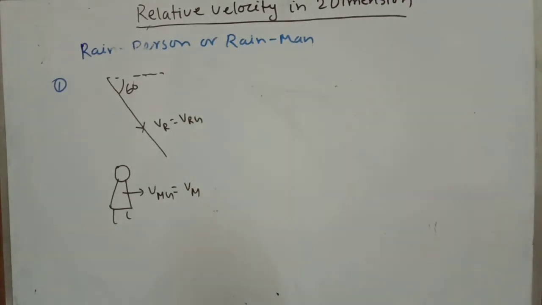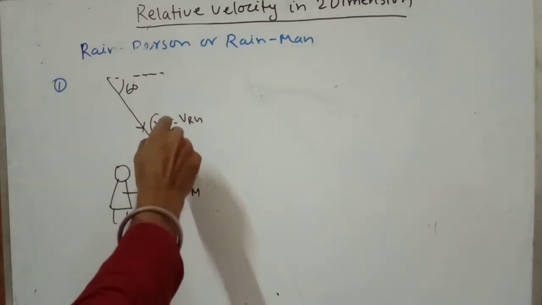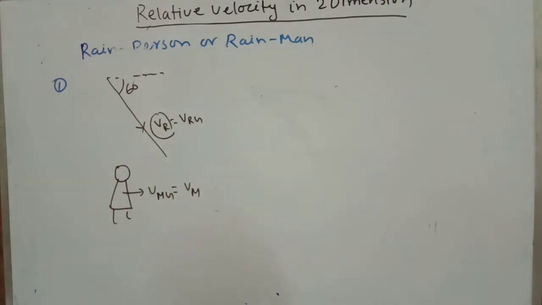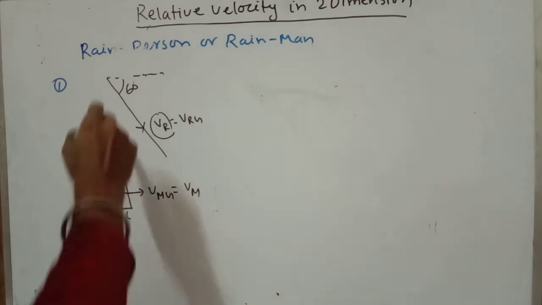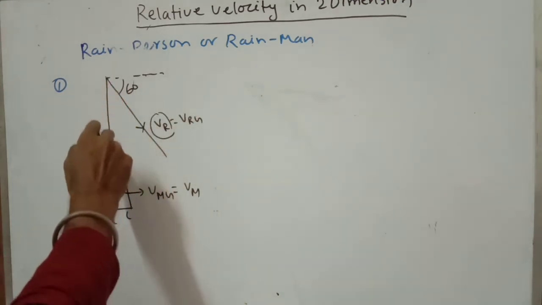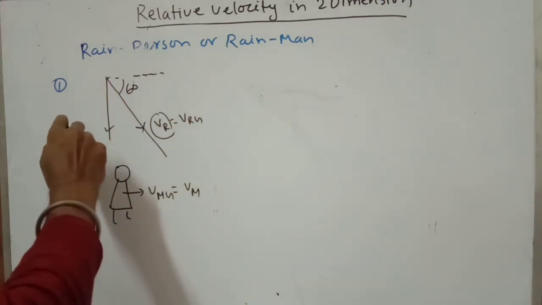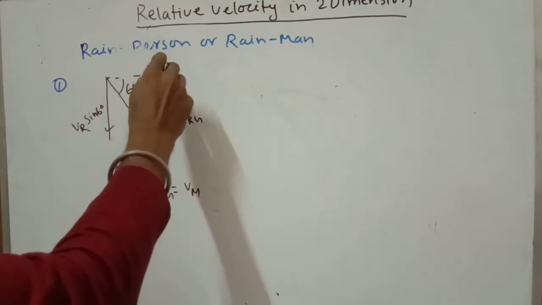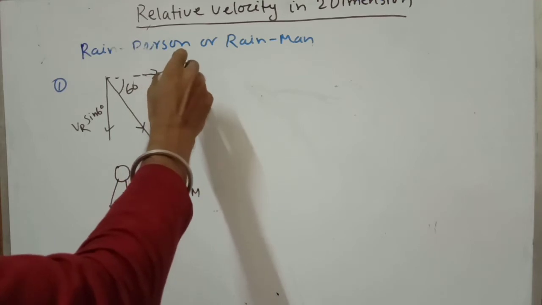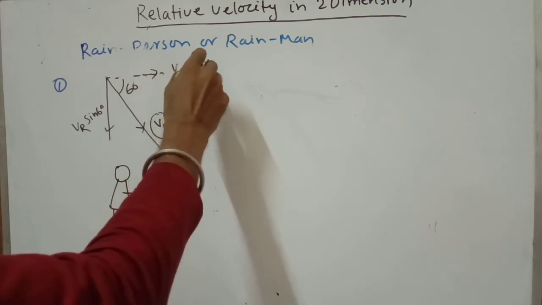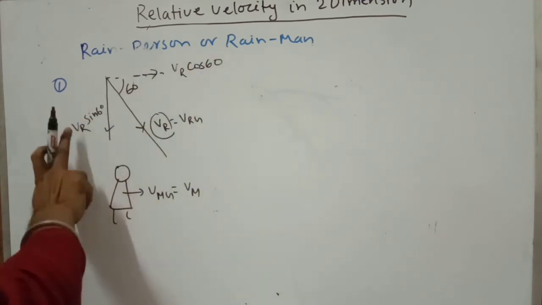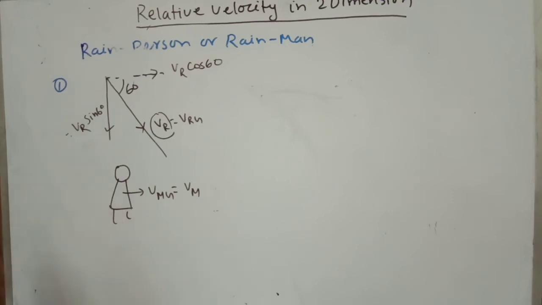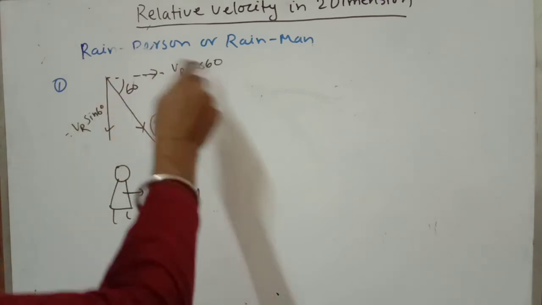First of all, we divide the velocity of rain into two components. Along this component you can write Vr sin 60, and along this component Vr cos 60. This is the velocity of rain with respect to ground along the y-axis and x-axis.